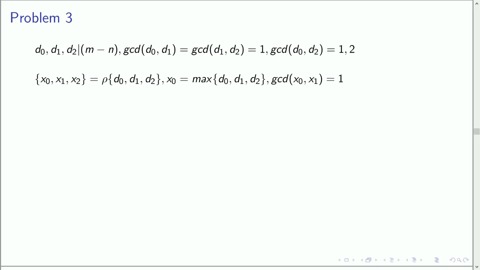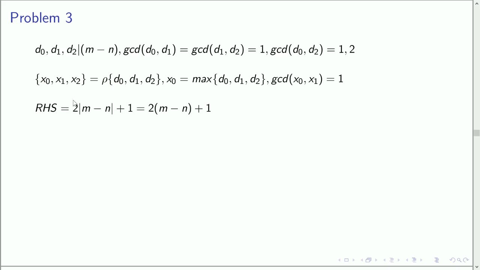Okay, such x1 always exists, because if x0 is D0 or if x0 is D2, you can choose x1 to be D1, and if x0 is D1, then you can choose x1 to be D0 or D2. Okay, you have chosen x0, x1, and let's take x2 to be the remaining third number. Okay, and why do we need this?